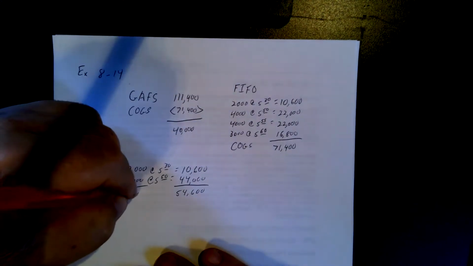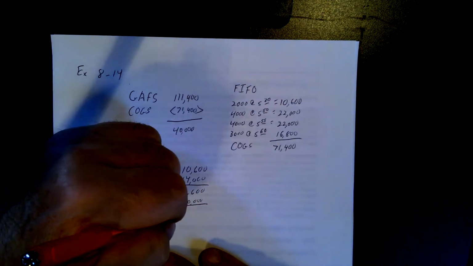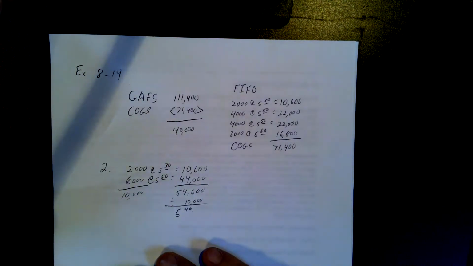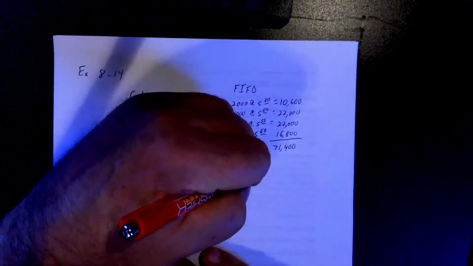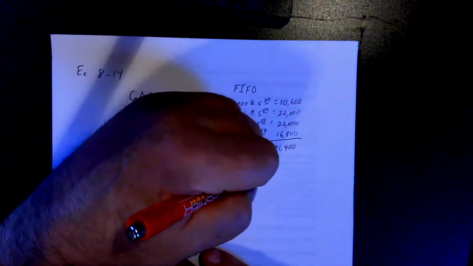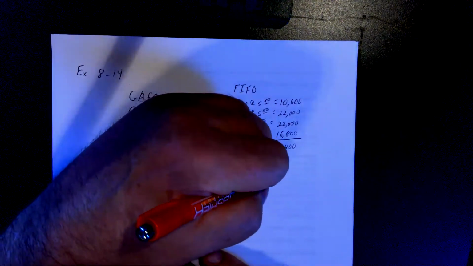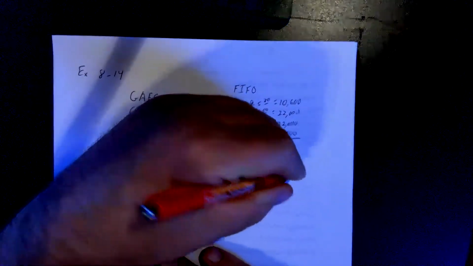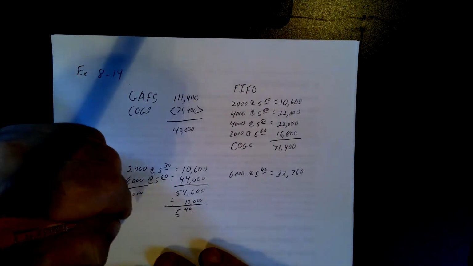We have 10,000 units, so we divide this by 10,000, and we get $5.46. So the first sale is 6,000 units at $5.46, and that's going to equal 32,760.